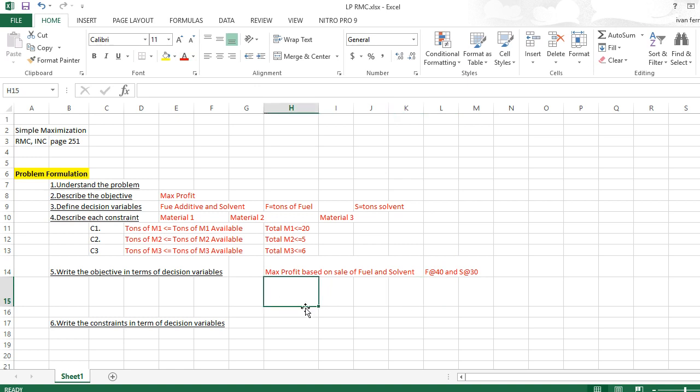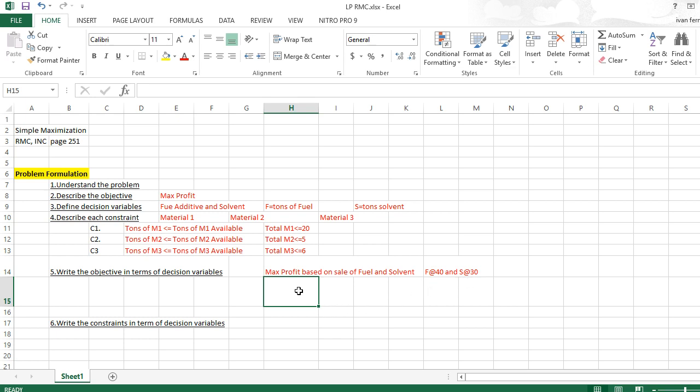Now you're going to write a mathematical formula that links all of these concepts: the idea of a quantity being increased and the profit that comes from the sale of each of those products and the quantities that you're going to figure out at the end.